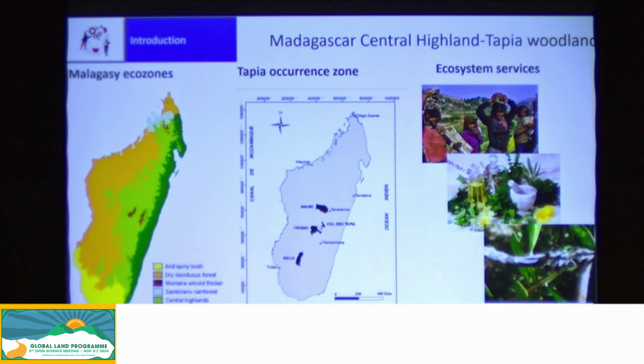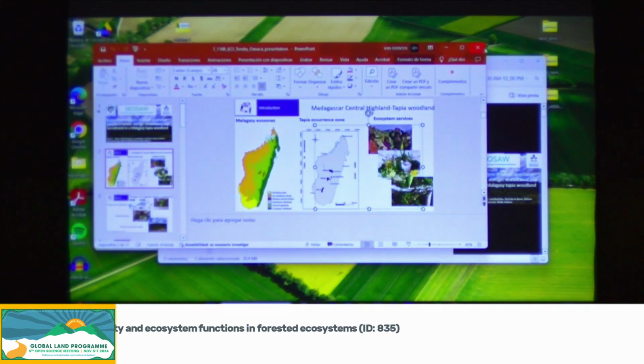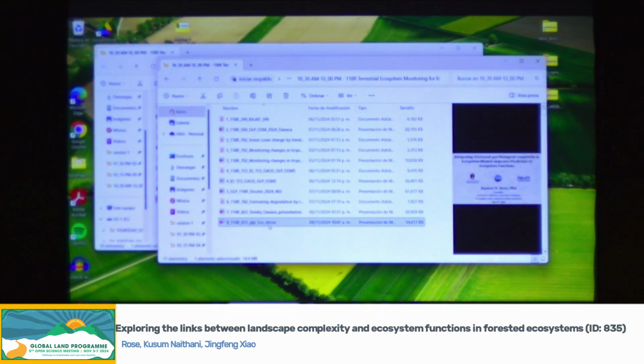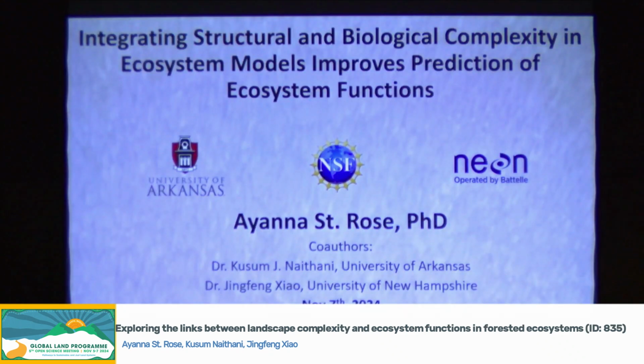Hi everyone, my name is Ayana St. Rose, and I am from the Nature Isle of the Caribbean, Dominica. I am currently a postdoc at Oregon State University, but today I will just be presenting some of my work from my dissertation.